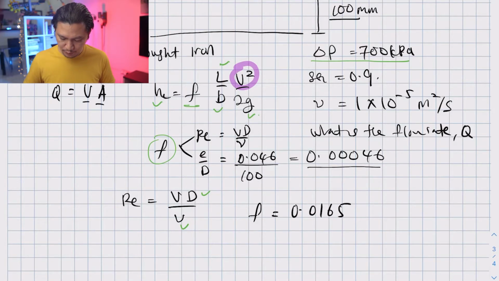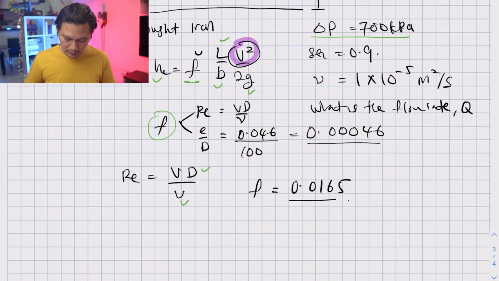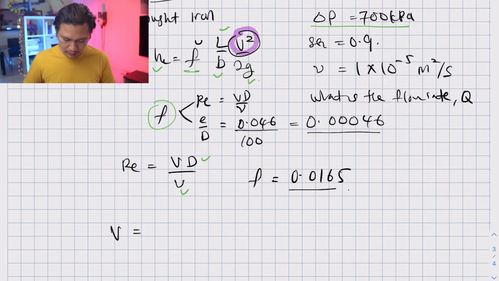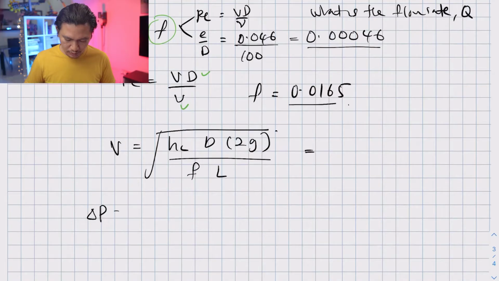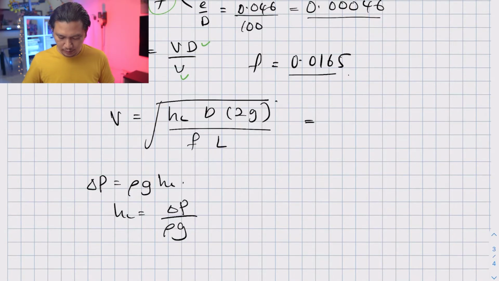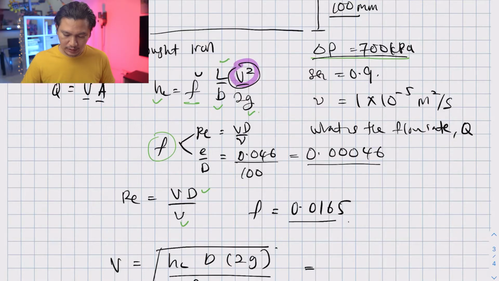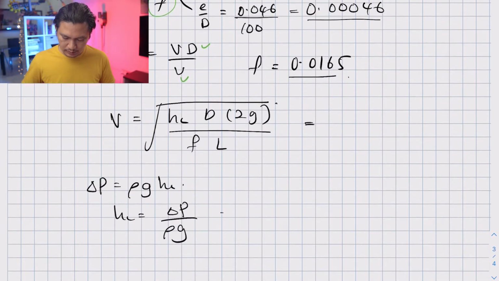0.0165. Okay, and when we have f, of course we can find our velocity, right? Our velocity is going to be the square root of HL times d times 2g divided by f times L. And our HL comes from delta P equal to rho times g times HL. So HL is delta P over rho g. Delta P is 700 kilopascal, that is 700,000 divided by rho g.